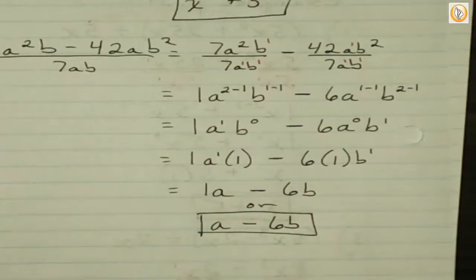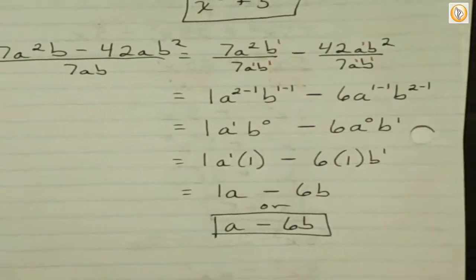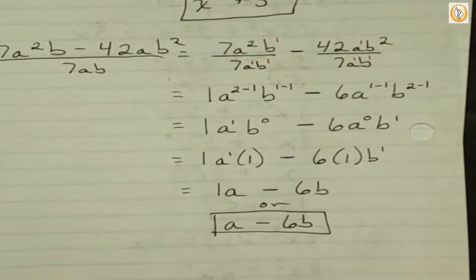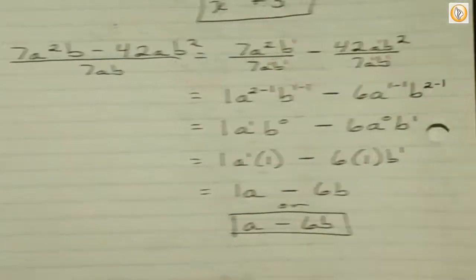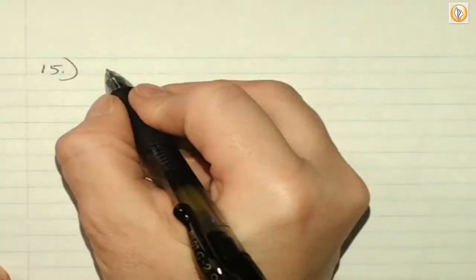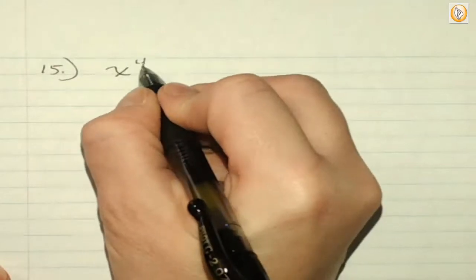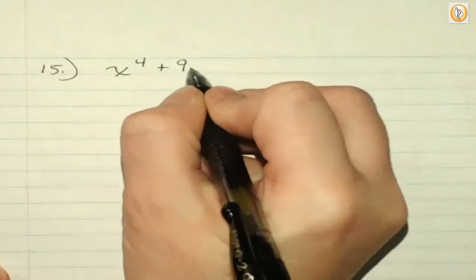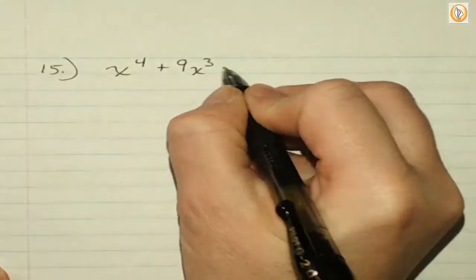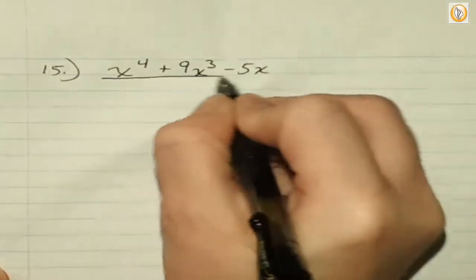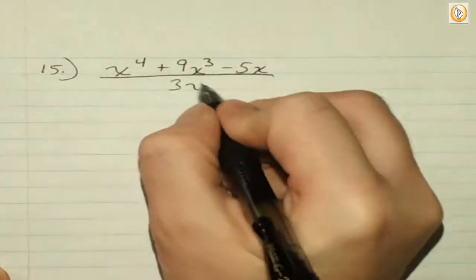How about one more? Does everyone have this down? So say you got it down? Okay, I see you writing, so I wasn't sure. 15x to the power 4 plus 9x cubed minus 5x, all over 3x.